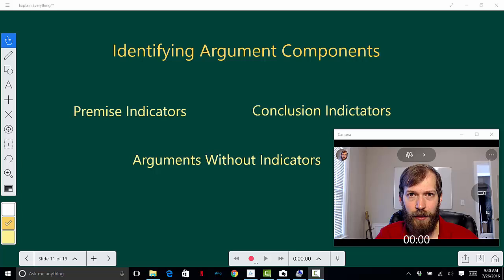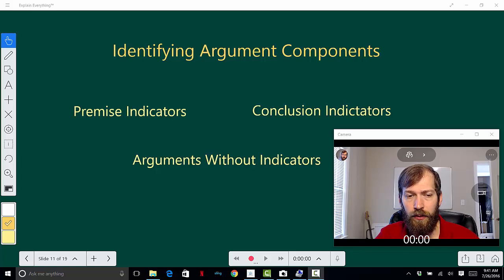So we're going to look at some of the ways that we can identify those pieces and correctly categorize them, which will then allow us to decide whether the conclusion really does follow from the premises. That is, whether the conclusion would have to be true or is more likely to be true if the premises were to turn out to be true.